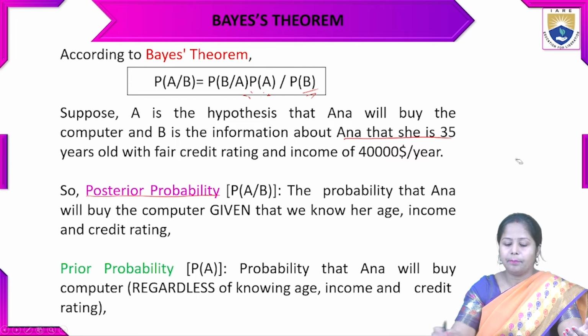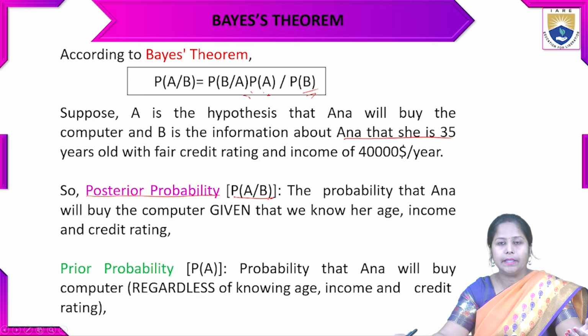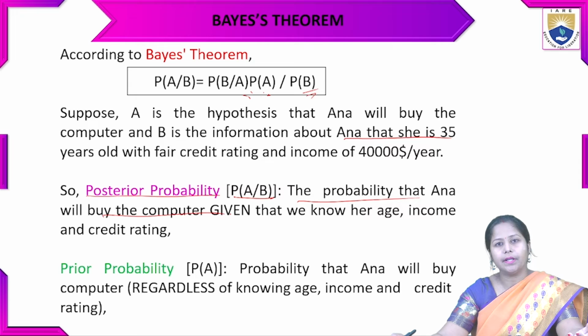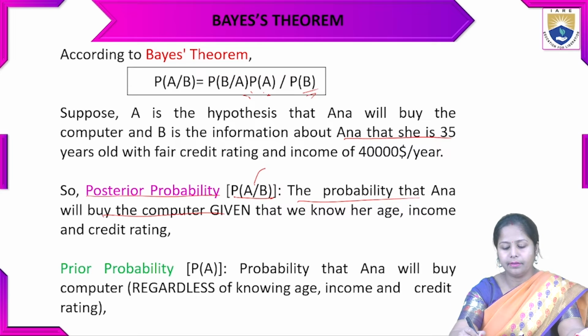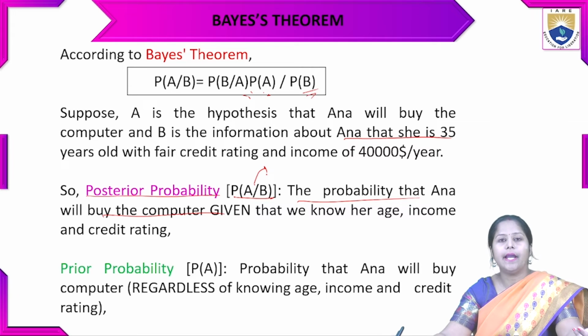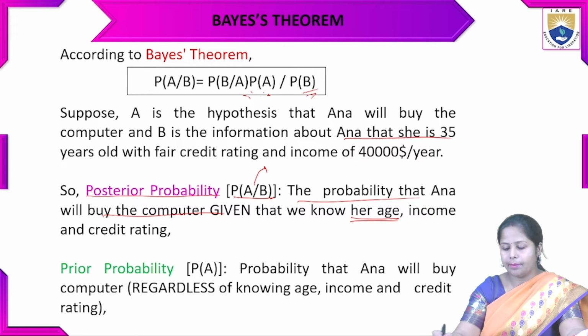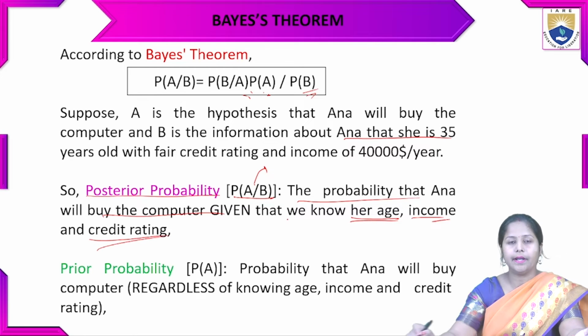So the posterior probability P(A given B) is nothing but the probability that Anna is going to buy the computer given the condition that we already know her age, income and credit rating.